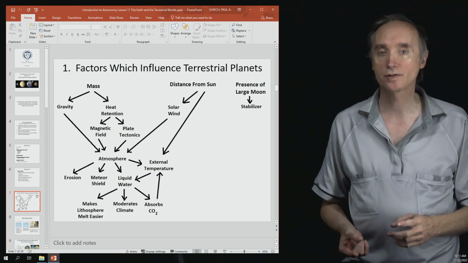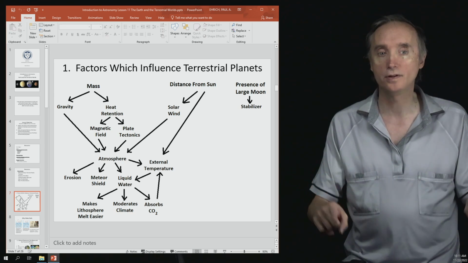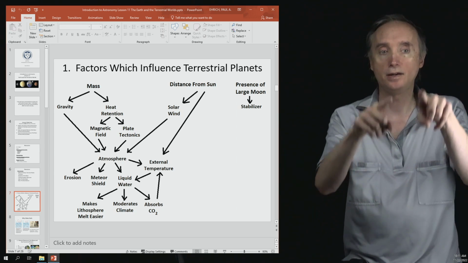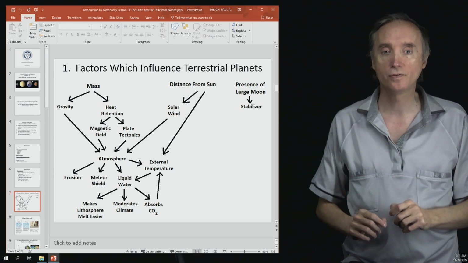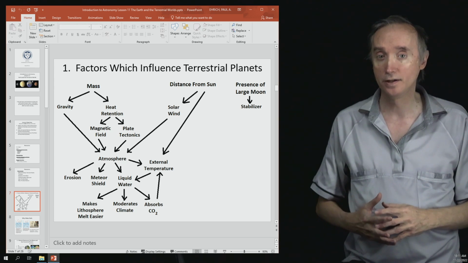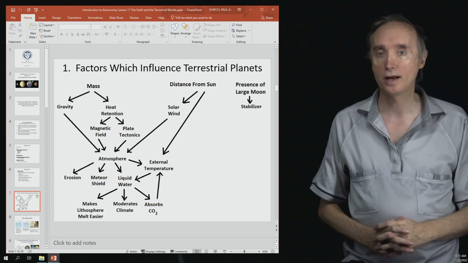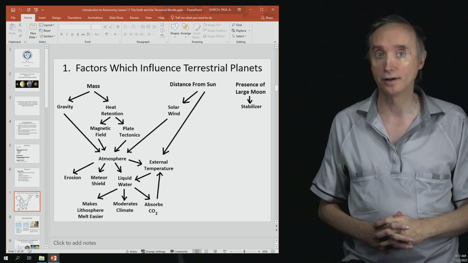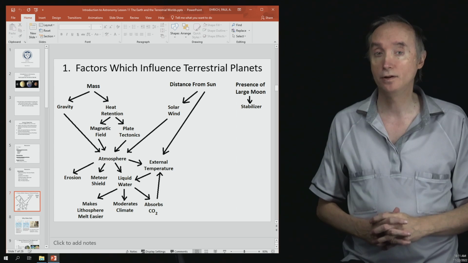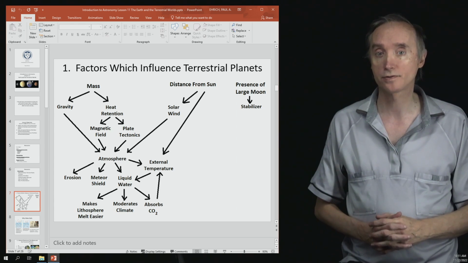In our previous lesson, we learned that the heat of the inside of the Earth is making the mantle, mesosphere part of the Earth convect, and that in turn is what drives plate tectonics. So if you've got a small planet that has cooled off rapidly, it no longer has that heat on the inside to be able to drive plate tectonics.